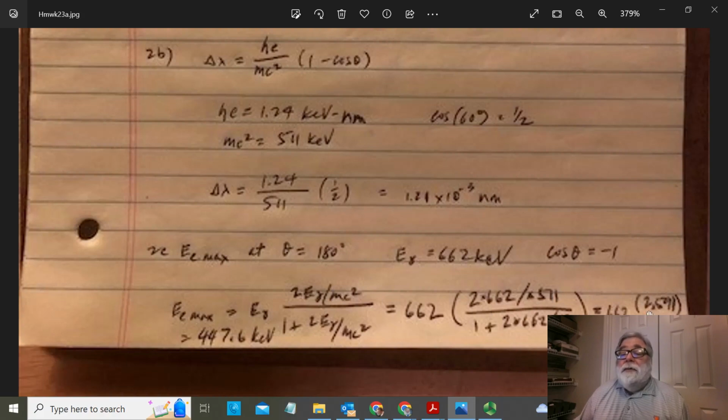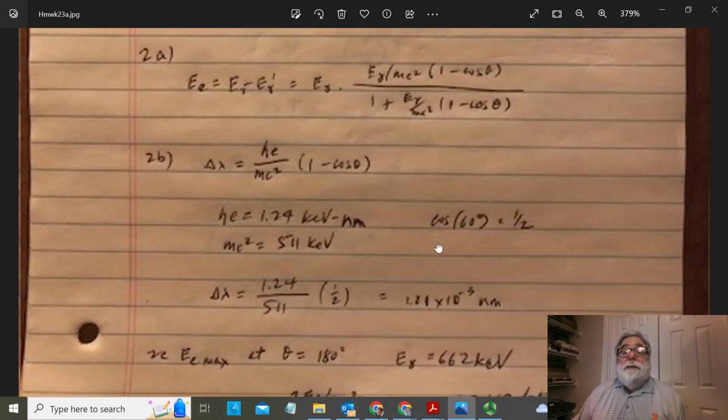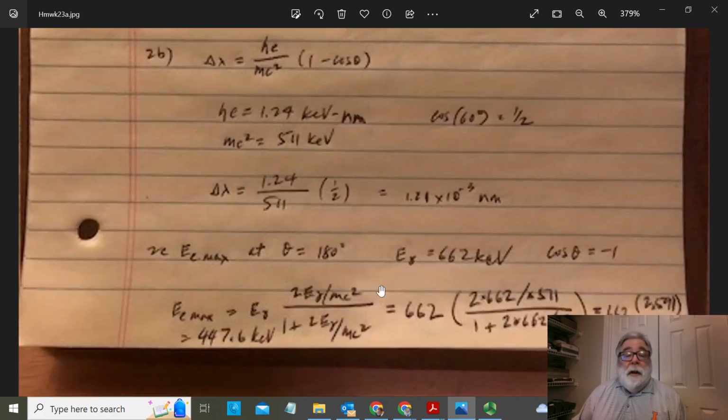That turns out to be 2.591. All that over 1 plus that in the denominator, 3.591. And that's all multiplied by the energy of the incident photon, 662 keV.